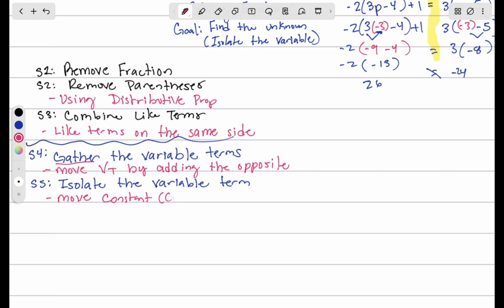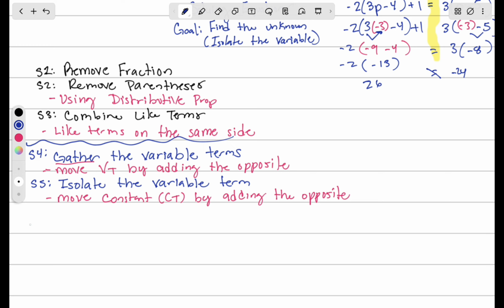Move the constant, CT. Move the constant term by adding the opposite. So after you've gathered all your stuff, it's time to make sure that the variable term is on a whole side by itself. That's the next rule.